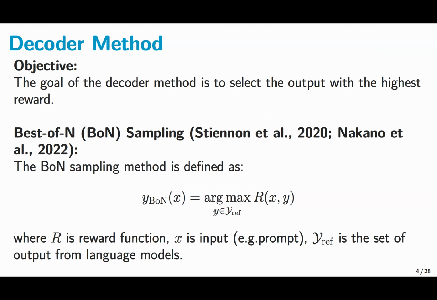As mentioned before, based on a specific prompt and considering the reward function, the goal is to select the highest reward output Y. We assume the highest reward text is the highest quality text, like high quality equals high reward.